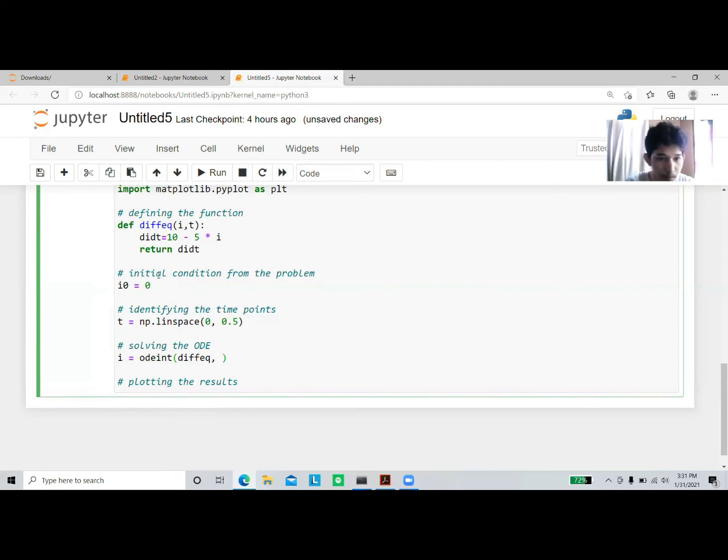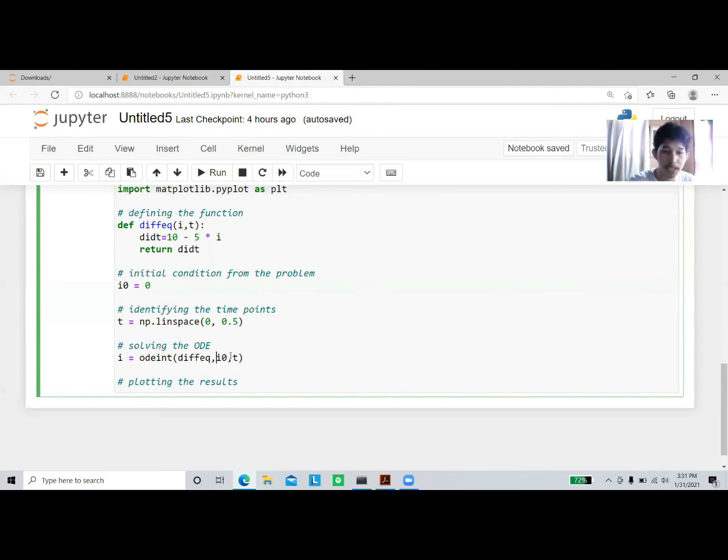And we can now input the initial condition, I0, and t. The odeint function requires three inputs.